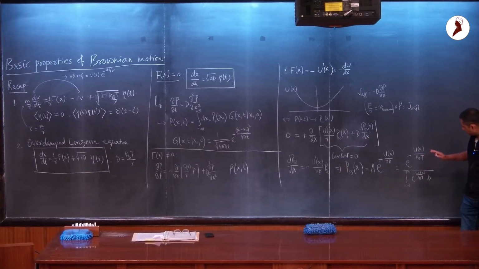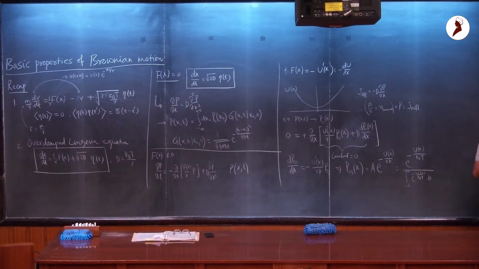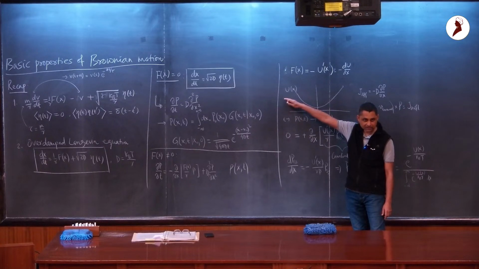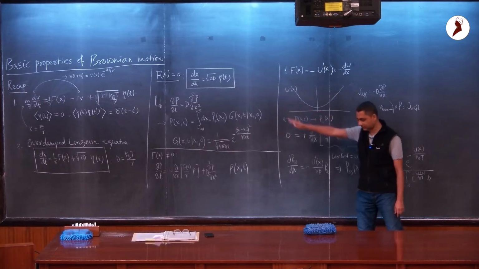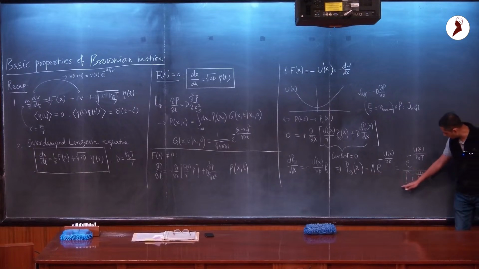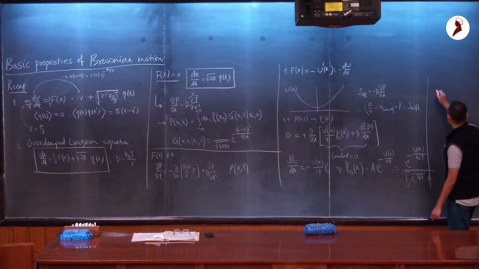Assuming that I have a U for which there is a stationary state, this stationary state is given by this. Now can I take any form of U where this expression is true? That means I have to see whether this integral converges for any U. So we need to look at the partition function.